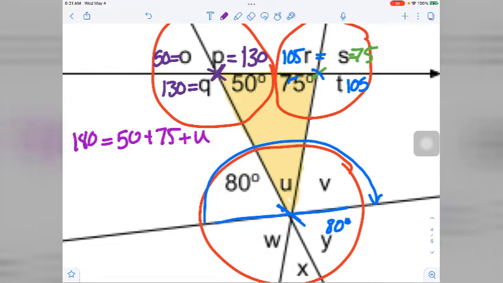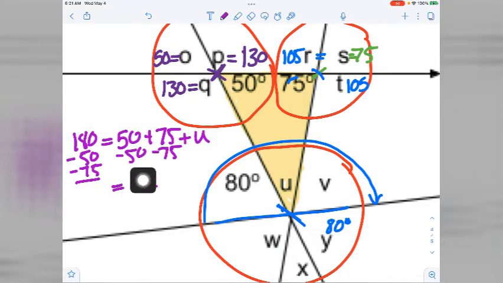If I subtract 50 and I subtract 75, I just get U left over. A minute ago I did 180 minus 50 minus 70 and I got 60. This is asking me to subtract 5 more, so 60 minus 5 is 55.